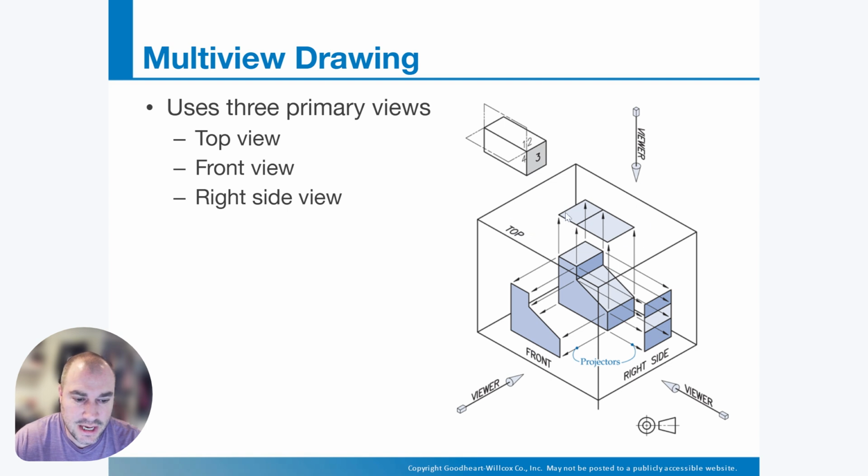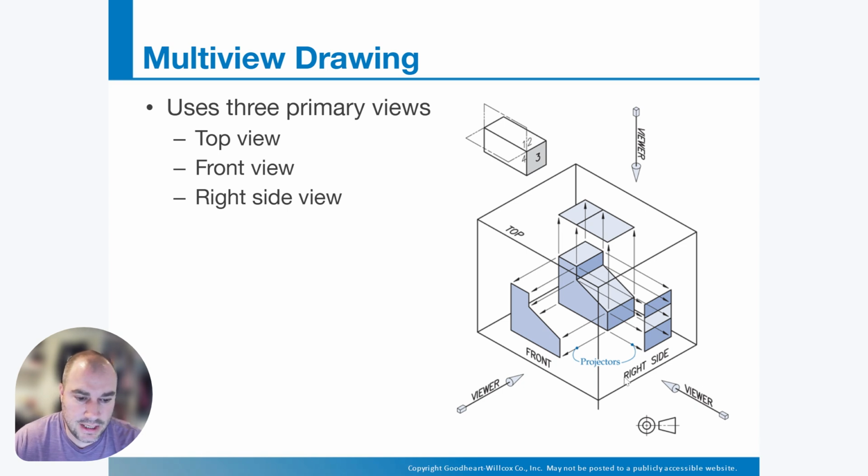From the top, the viewer is looking down this way, so the top view is here. The front view would be looking directly at it this way, and the right side view would be looking at it this way.